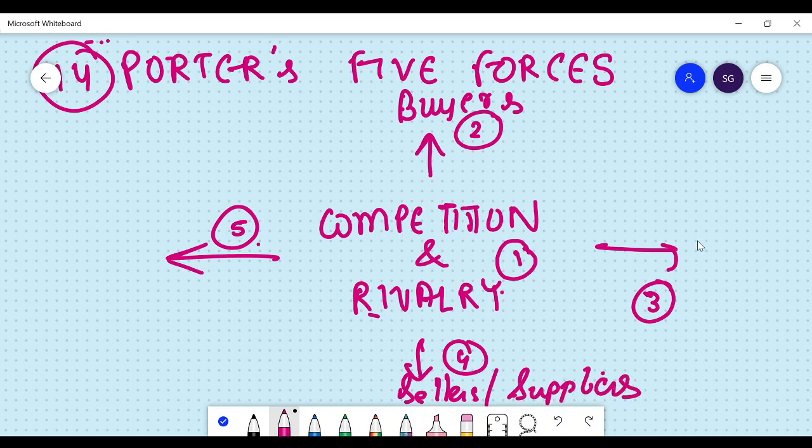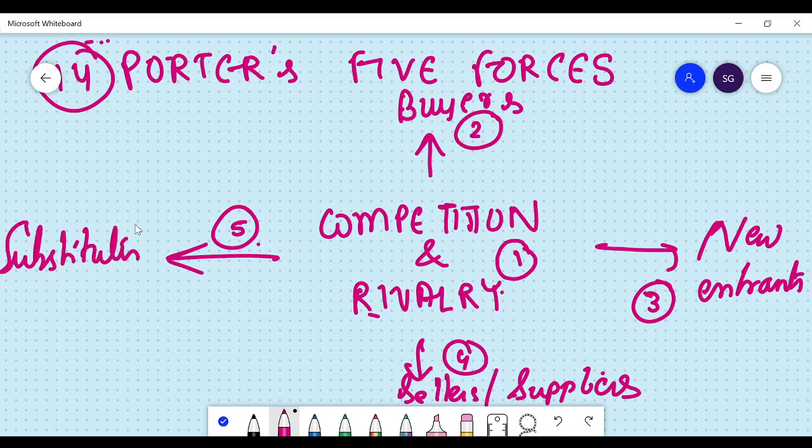Next is competition between new entrants. New entrants also come as a competition for us. And then substitutes. If there are other substitutes available for our product or service, so it is a competition factor for us. So these are the 5 forces of Porter.